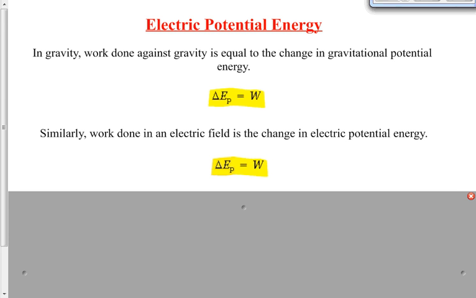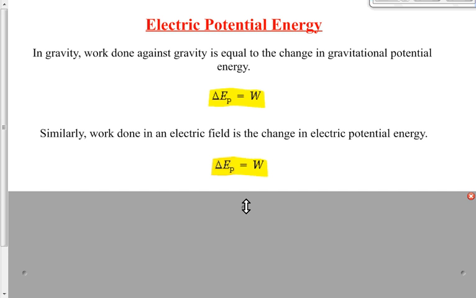But when we're talking about electric potential energy, we can't make that simplification because the charges aren't usually as different as the masses are when we're talking about the Earth and the pen. So we're going to define electric potential energy not as the energy stored in a charge due to its height above something, but rather the energy stored in the system of two charges, just like the system of two masses is the way we really should have defined gravitational potential energy.